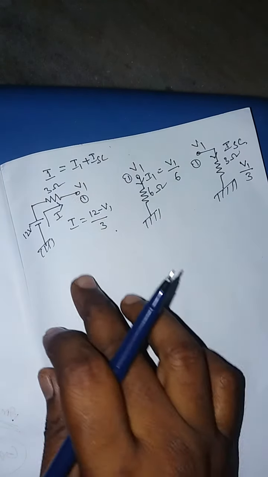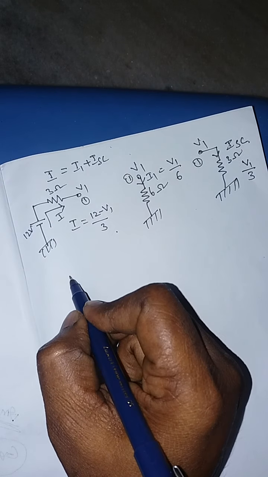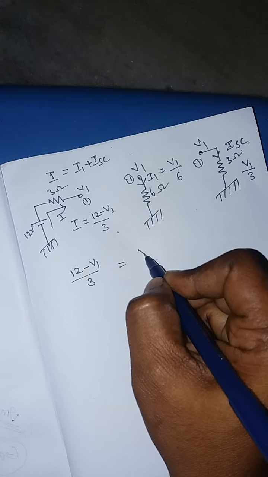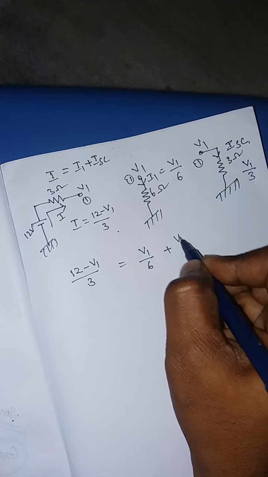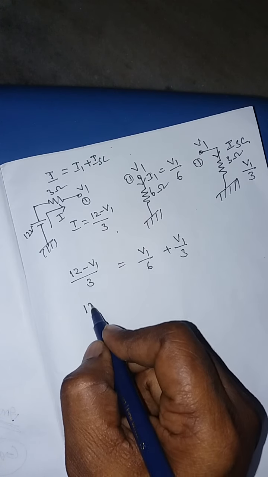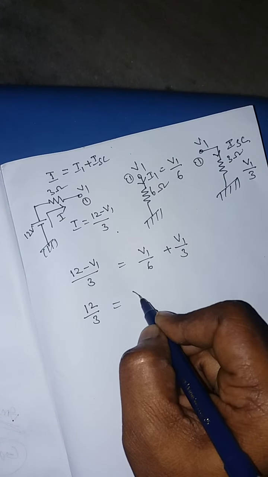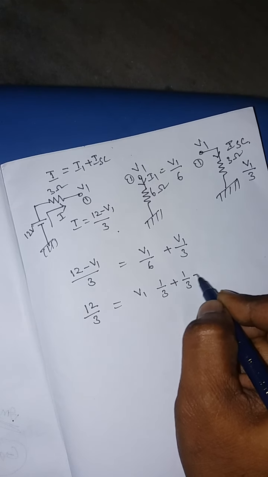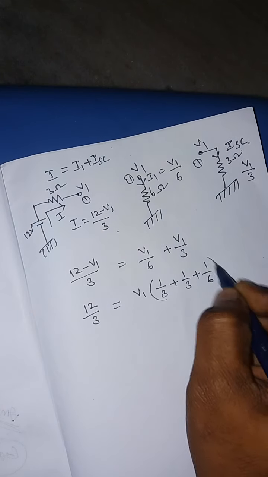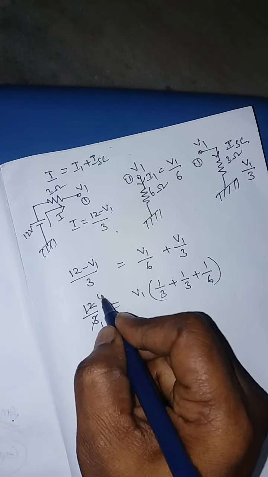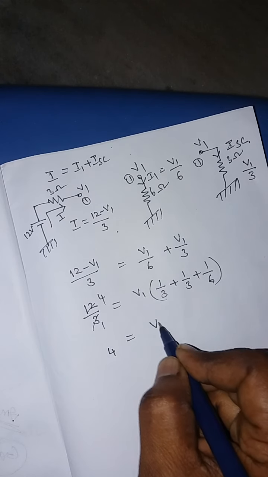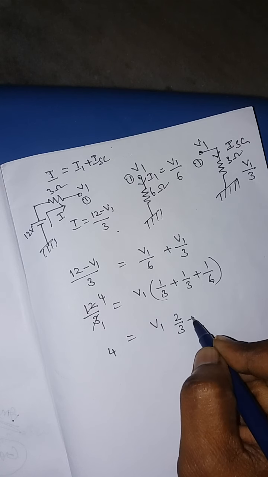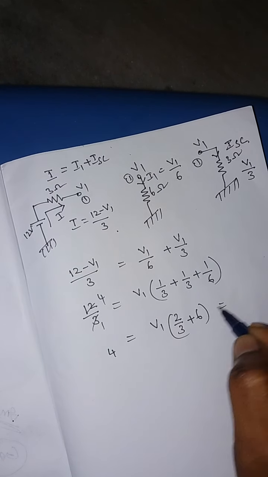Now if you substitute these three in this equation, (12 - V1)/3 is equal to V1/6 + V1/3. That means 12/3 is equal to V1 into (1/3 + 1/3 + 1/6). 3 ones are 3, so 4 is equal to V1 into (2/3 + 1/6).